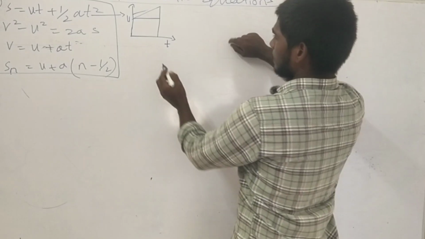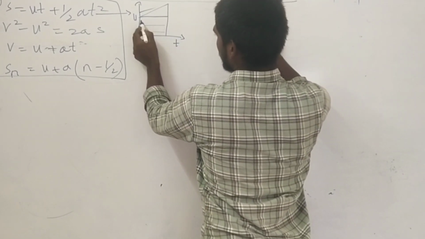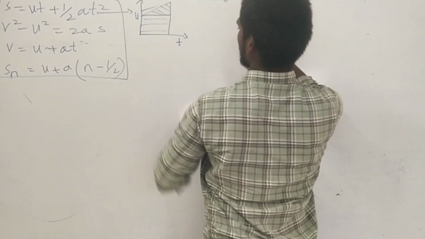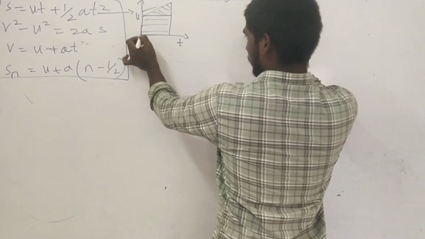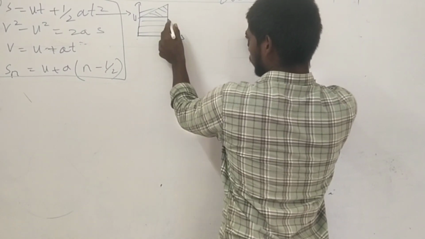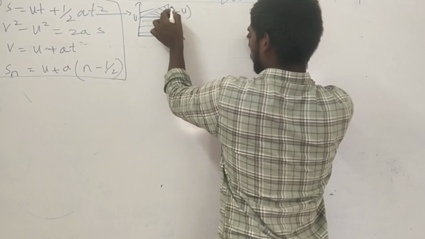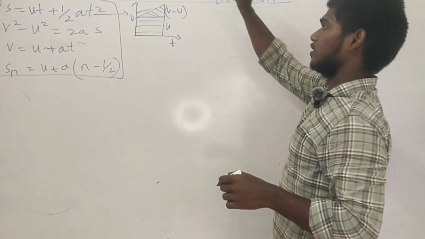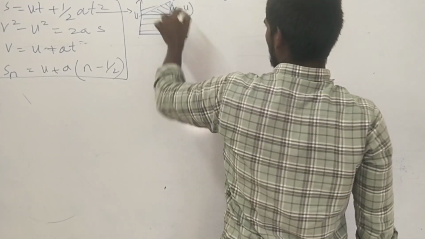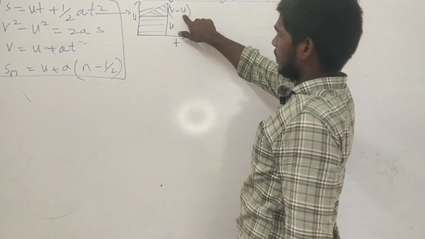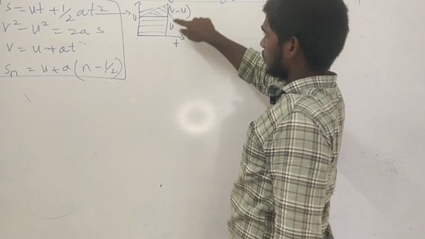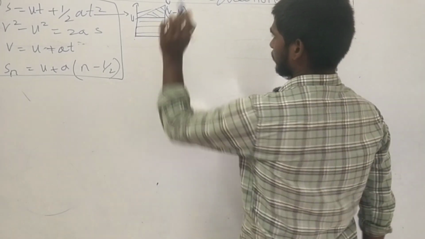This is one area, a rectangle area. This is a triangle area. From here to here, this is also u. Take u, and this should be v minus u. Initial velocity means there is a final velocity. This should be the final velocity. So u, and v minus u. This is the area.